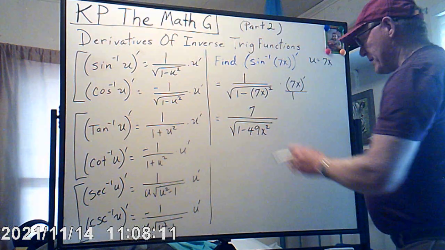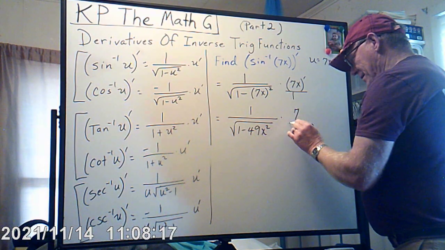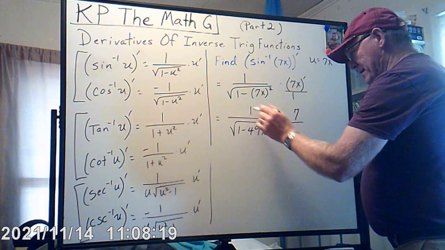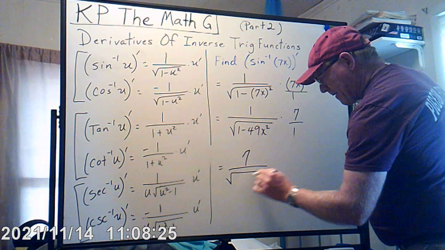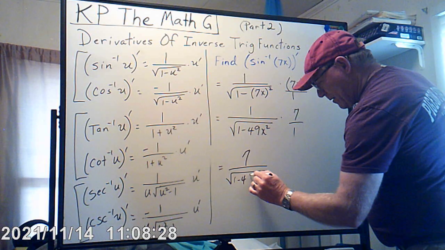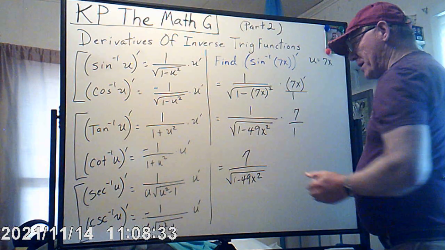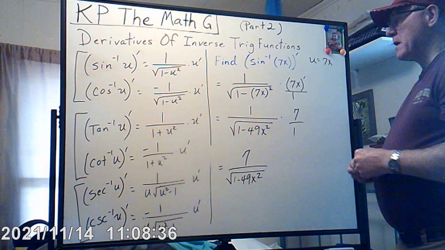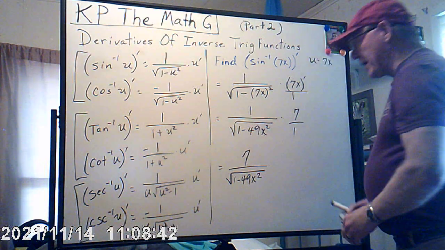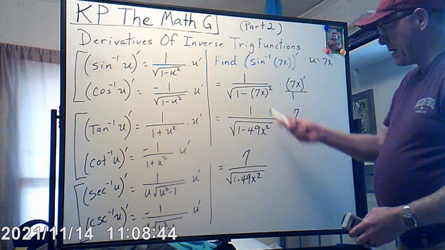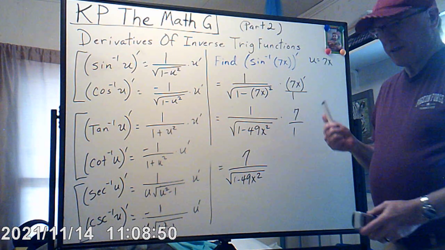Just so we know, this was 7 over 1 here, and then I just multiply that out. Most of the time your derivative of the inside will be in the numerator. That was a fairly simple one. You just plug it in and then take the derivative of what you just plugged in, and that's it.